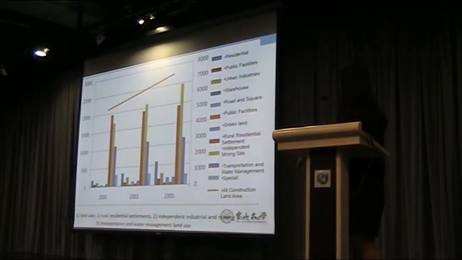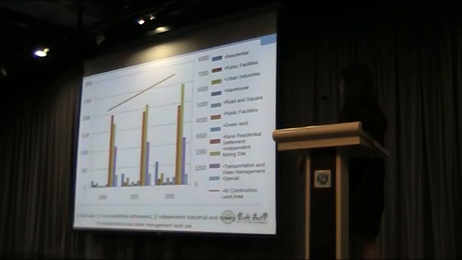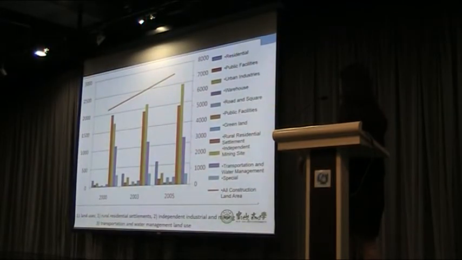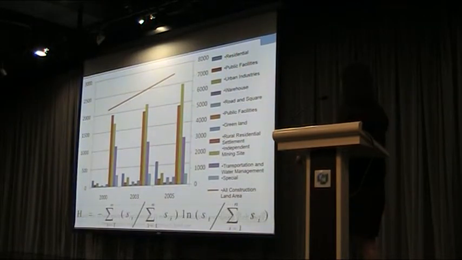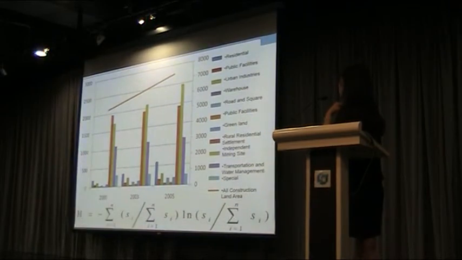For this, we are not only concerned about the areas for each type of urban land use, we also take care about the diversity of the construction land use in each city. In order to evaluate the diversity of the land use, we use a value we call the construction land use entropy, which measures the diversity of the land use.